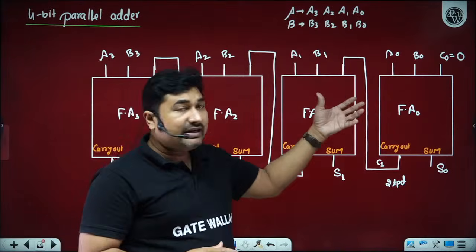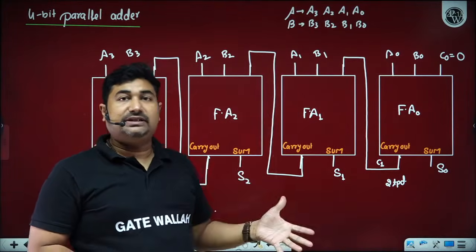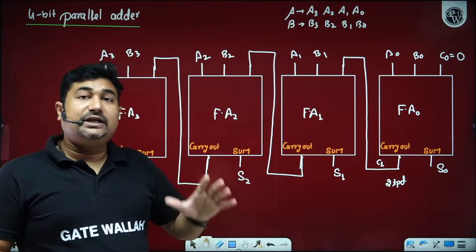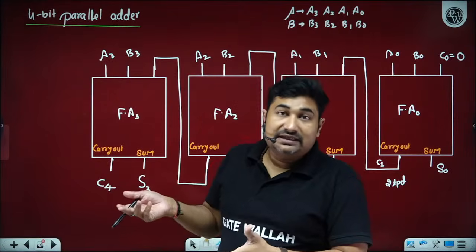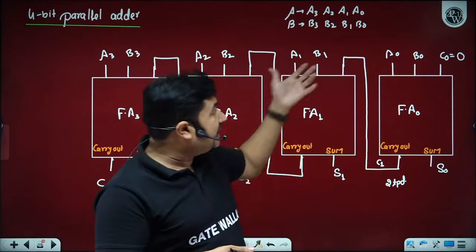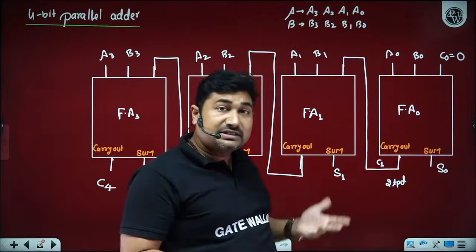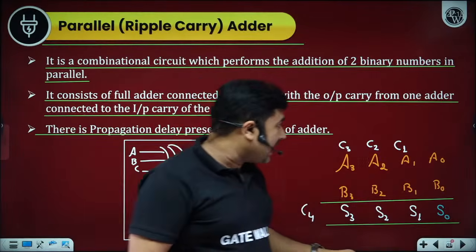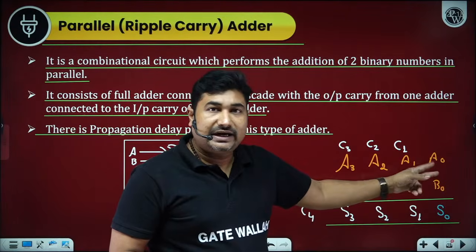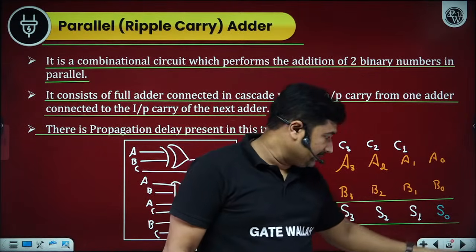We have A1, B1, A0, B0, A2, B2, A3, B3. But we can't directly add A3, B3 until we have C3. We can't add A1, B1 until we have C1. Otherwise, this will give a wrong result. Is it okay? Yes sir.